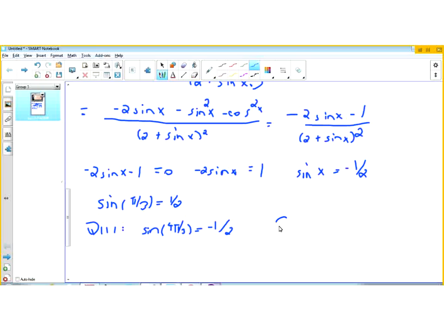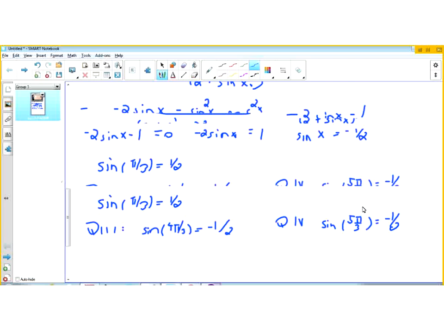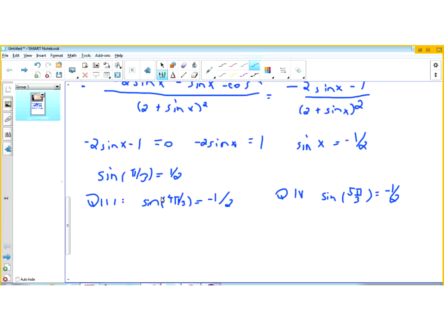And in quadrant 4, we would have the sine of 5 pi over 3 is equal to negative 1/2. Okay, so the critical numbers happen at 4 pi and 5 pi over 3.